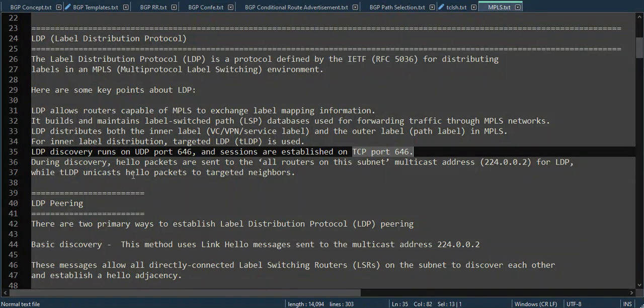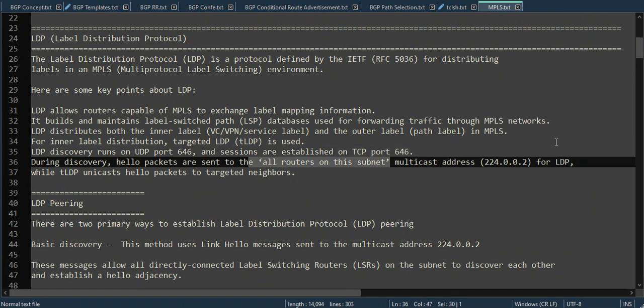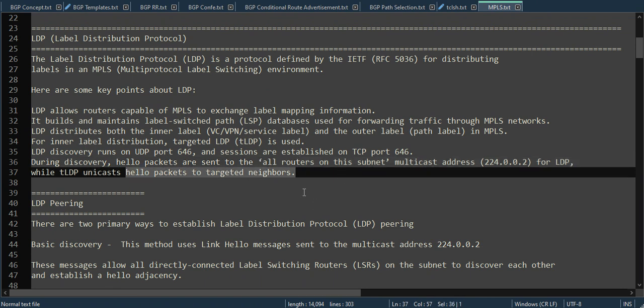During discovery, hello packets are sent to the all routers on the subnet multicast address 224.0.0.2 for LDP, while TLDP, or targeted LDP, uses unicast to send packets to targeted neighbors.